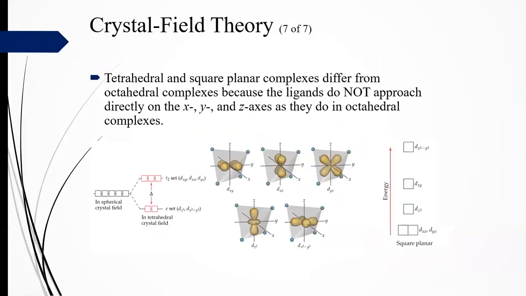Now, we see this with octahedral complexes, but we don't see this with our tetrahedral and our square planar ones, because in the tetrahedral shapes none of them have the electron orbitals aligned with where the ligands are going to approach from.